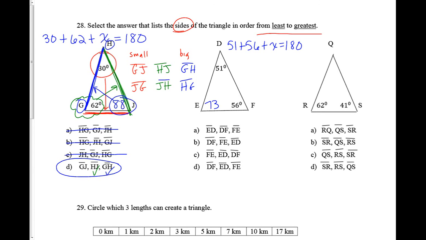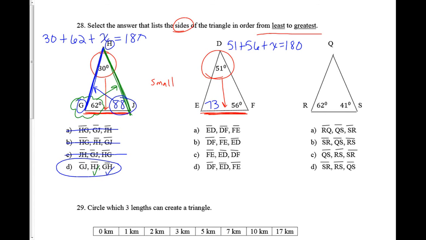Now again, we are going from the smallest side to the largest side. So to do that, I start with the smallest angle. So the smallest angle is right here, D, and across from that, the side is called EF. It also could have been called FE.